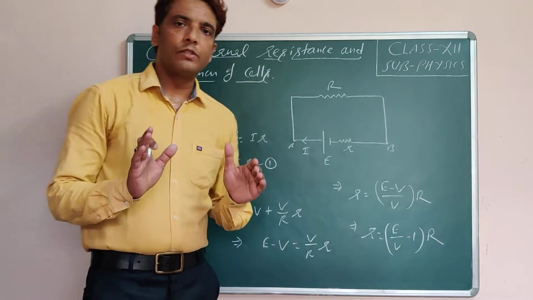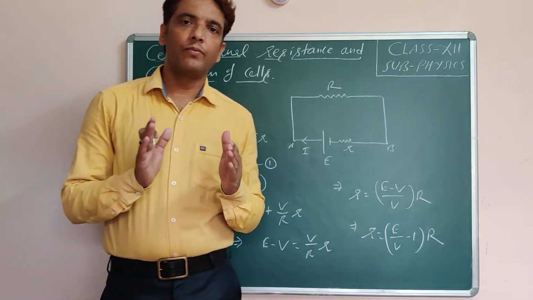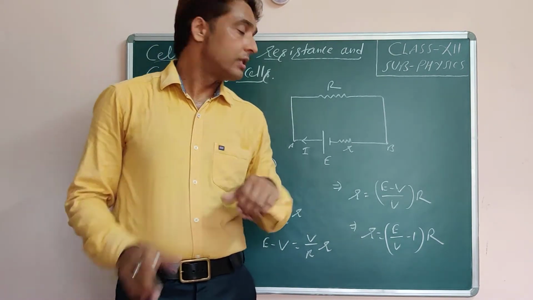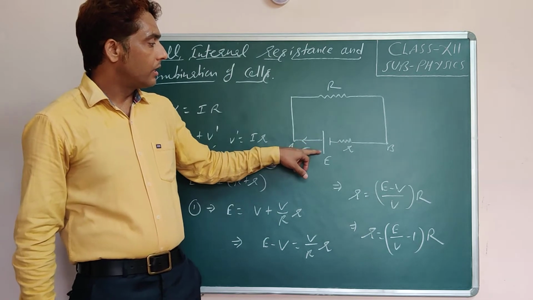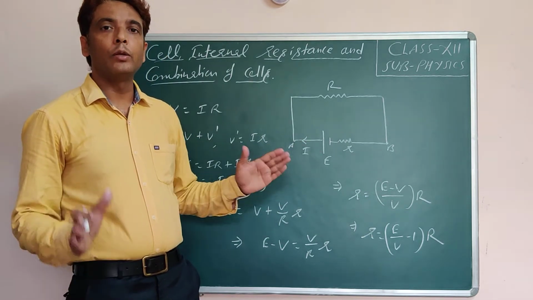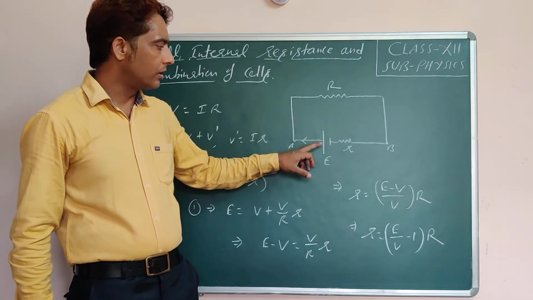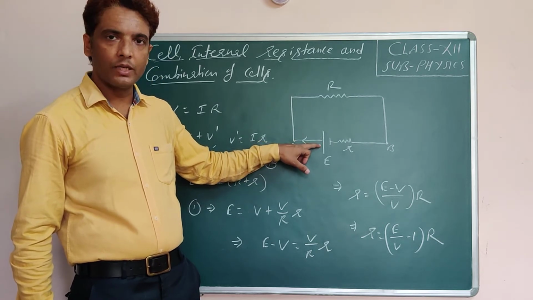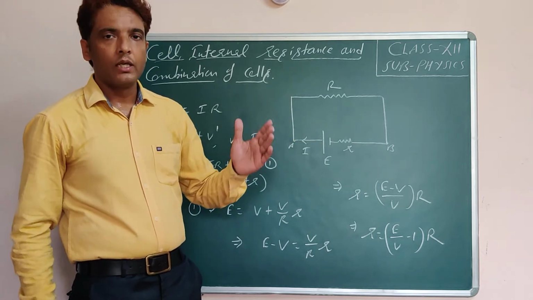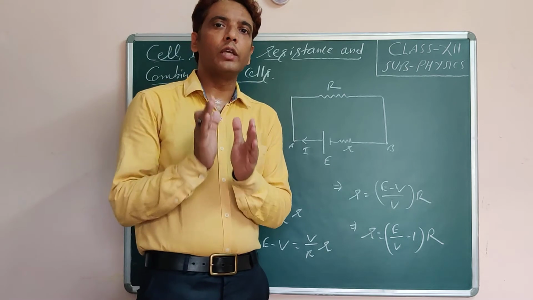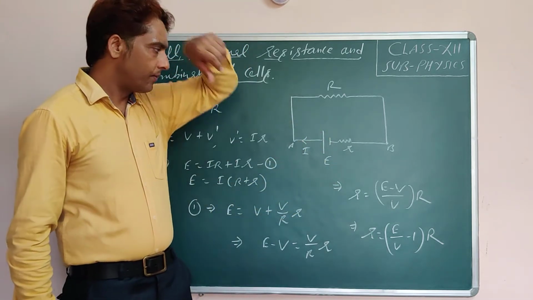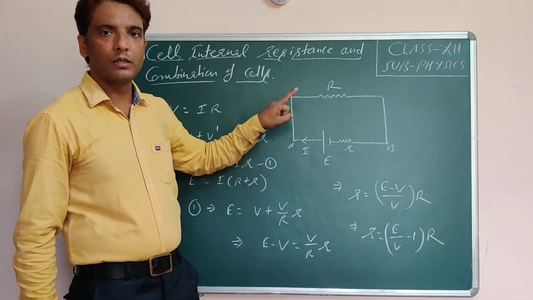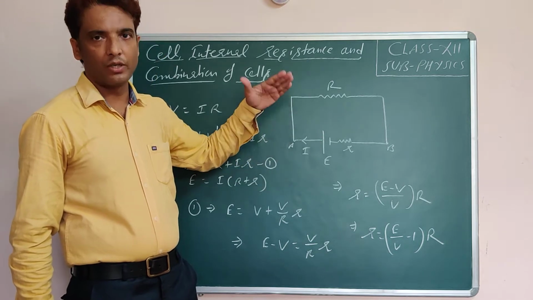Actually the basic difference between the potential difference and EMF of a cell is that EMF is the difference in potential of its terminals when it is in open circuit, and when we are drawing current from the cell, then the difference in potential of its terminals is known as potential difference.